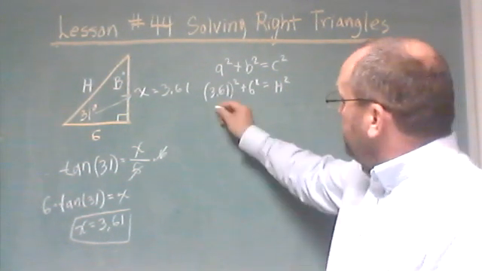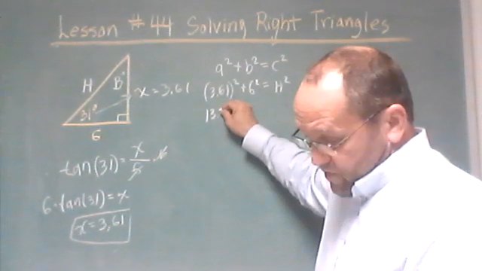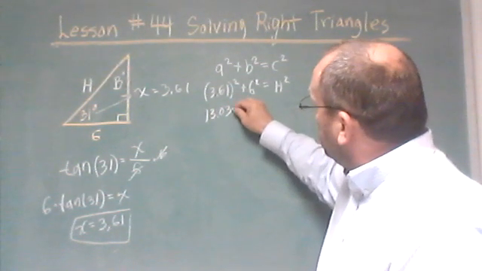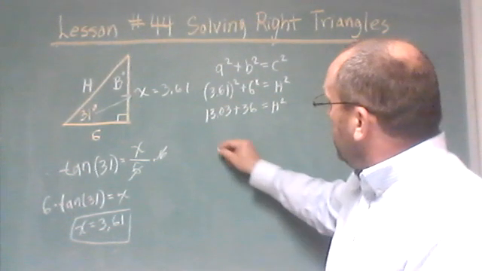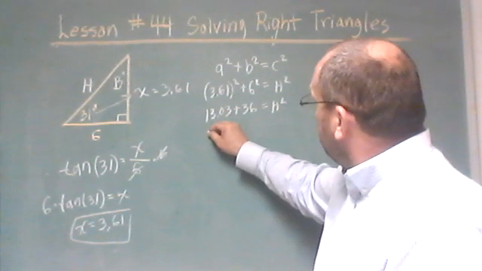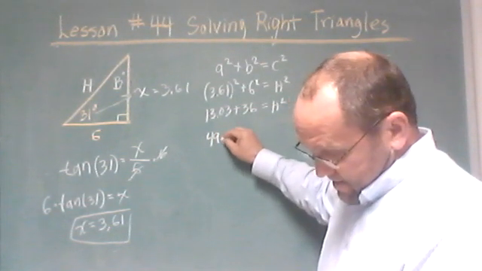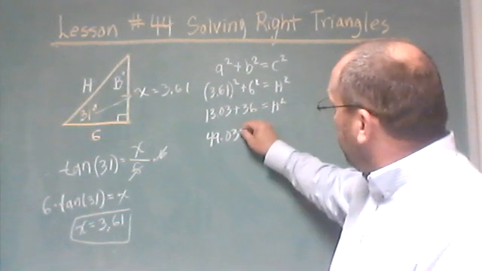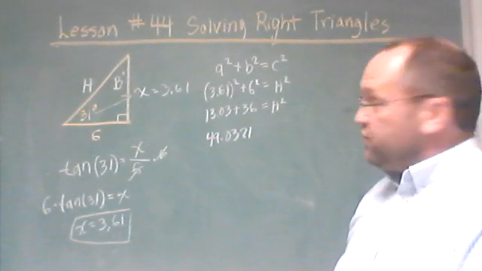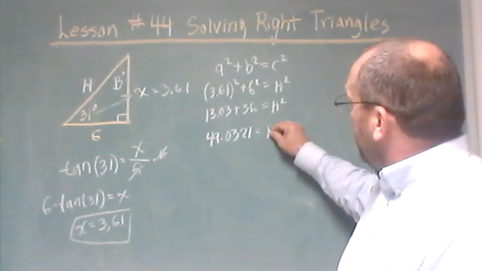If I do my math, it comes out to 13.03 plus 36 equals h squared, or 49.03. And if I did more decimals, it would actually be 49.0321 equals h squared.